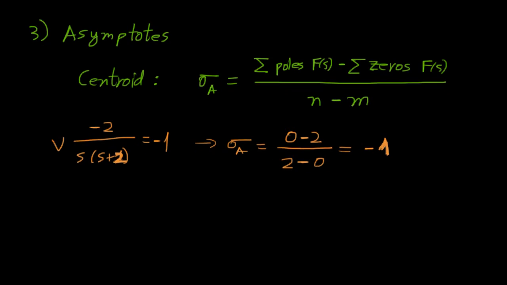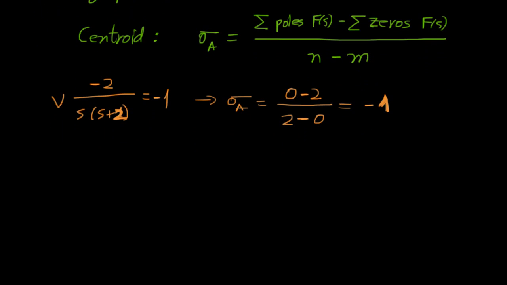And we now have to know the asymptotic angles. Phi sub a is given by 180 degrees times k over the absolute value of n minus m.